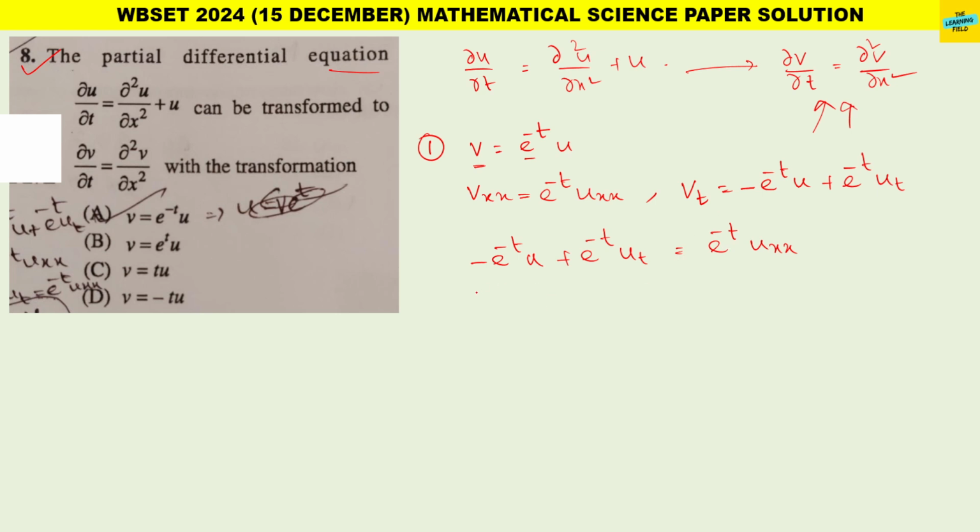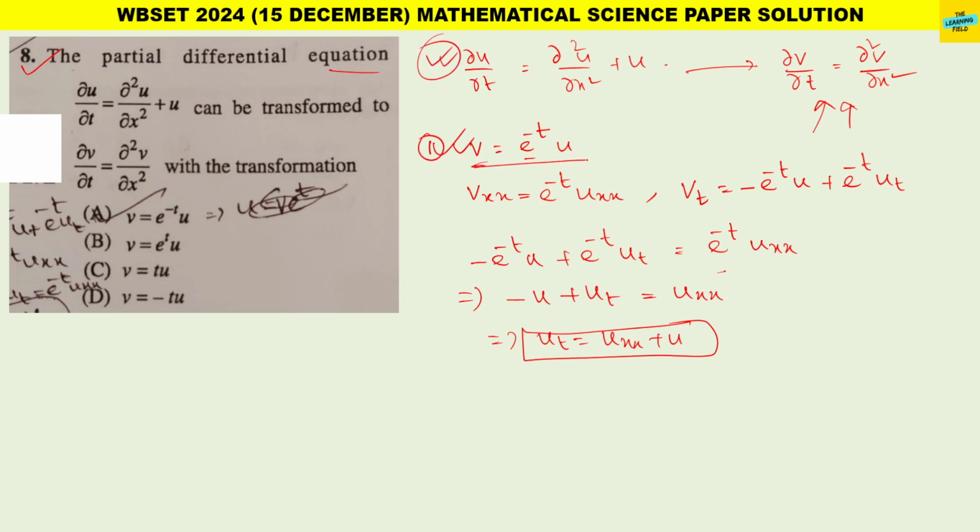Fine. So now e to the power minus t cancels from both sides, minus u plus ut is equal to u xx, and this implies ut equal to uxx plus u, and this is our first equation, matched properly. That means this is the transformation.